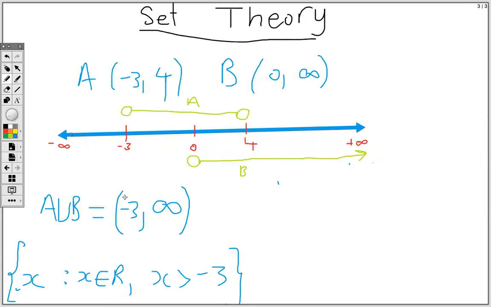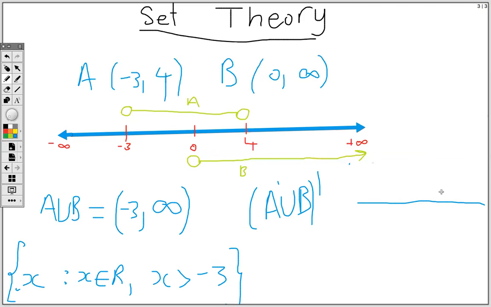So once you have curved brackets, it's going to be strictly greater than, and because we want greater numbers, that's why we're using a greater than sign. So my last question for this activity is A union B complement.